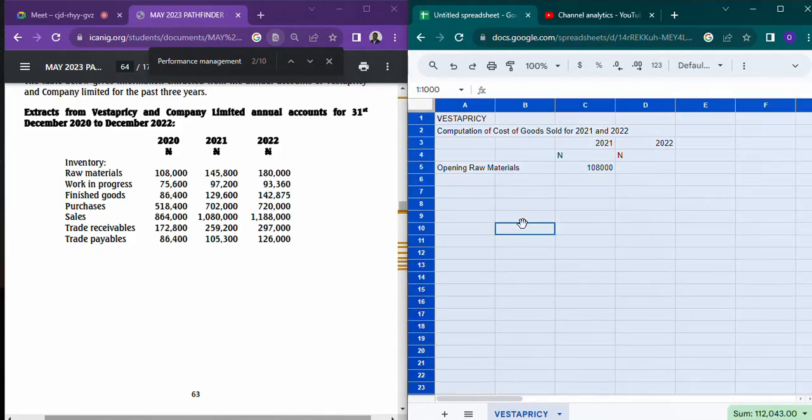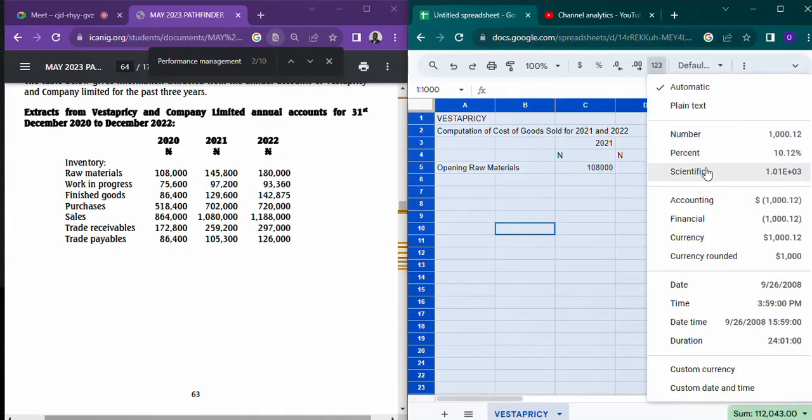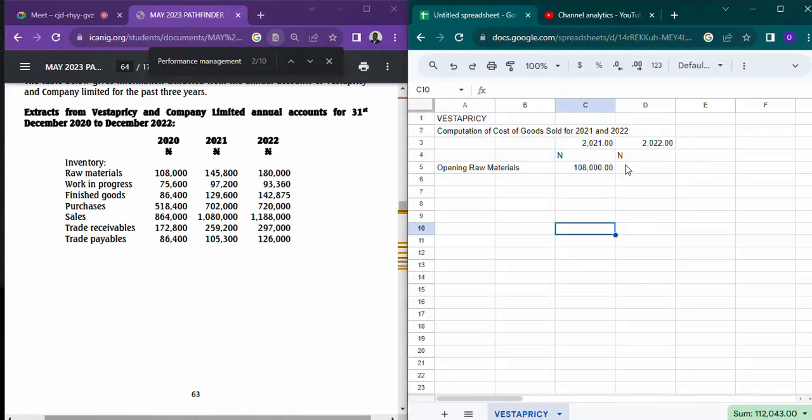And then the next is 145,800. Are we together? Then we have purchases. Add purchases.